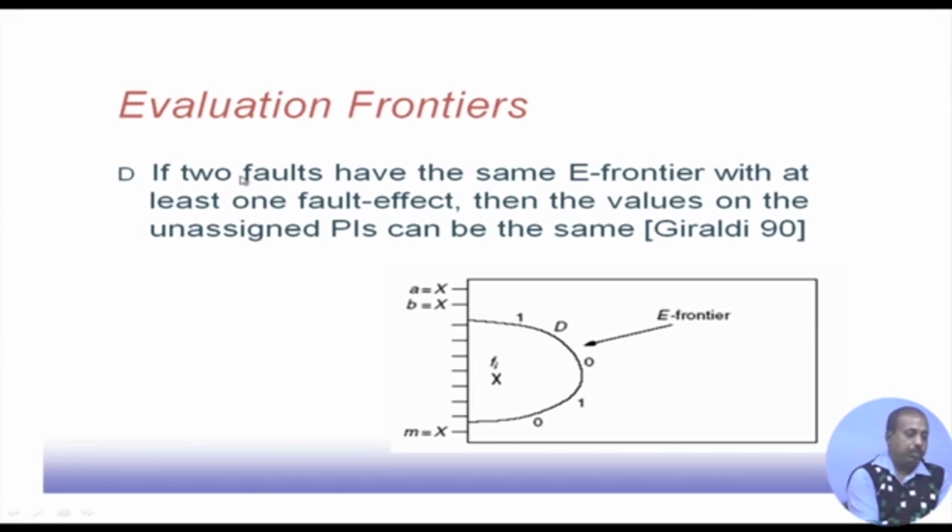Now, if it is found that two faults have the same E frontier with at least one fault effect, then the values on the unassigned primary inputs can be the same. This is a result from some paper.